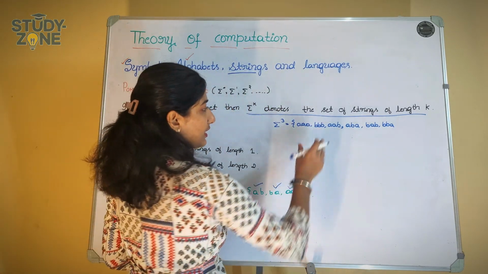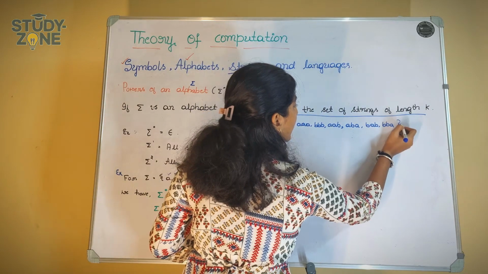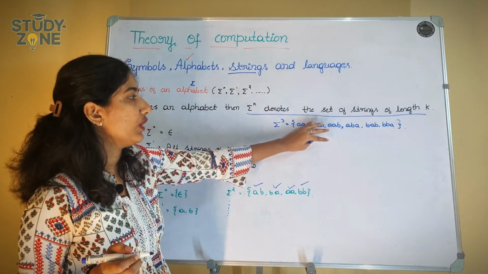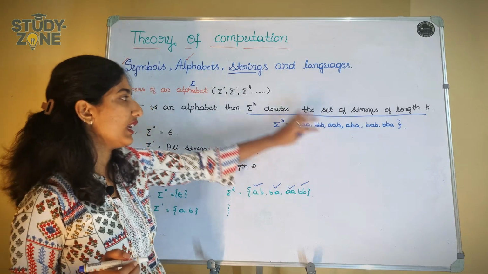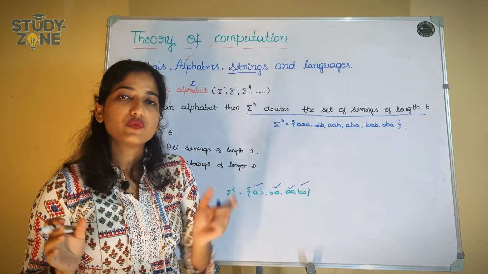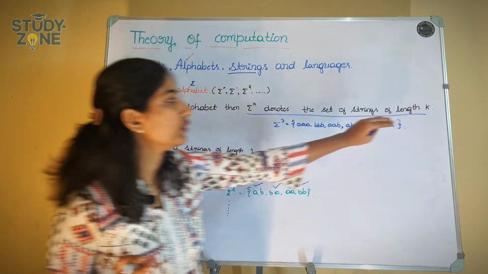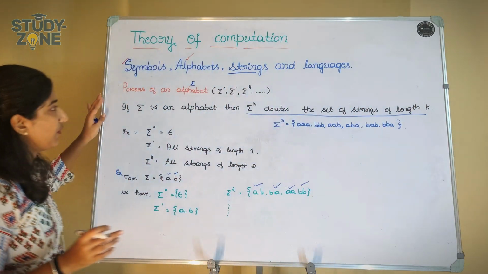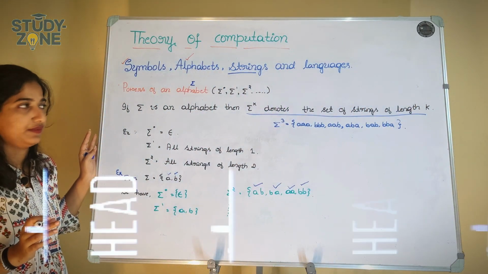I don't know. If there is anything left here, please do comment in the comment section the things that are left. Okay, so likewise we have to represent the power of an alphabet, which means basically the set of strings of length k. That's it. That is the power of an alphabet.